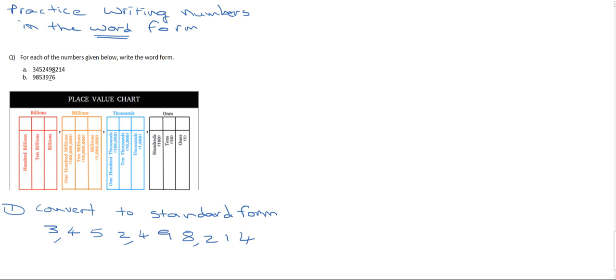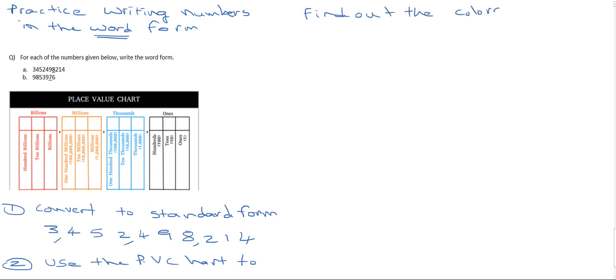And then the second step is use the place value chart to find out the colors of the groups of three. And we have seen that earlier.